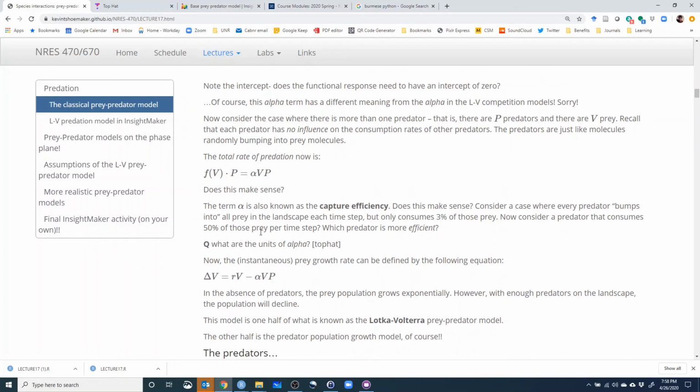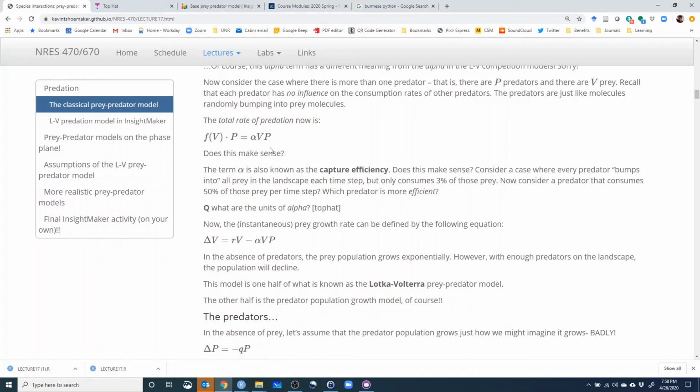So let's consider the case where there's more than one predator. In fact, there are P predators in the landscape, and there are V prey. That's making this model more general. Recall that each predator has no influence on the consumption rate of other predators. So the predators are just like molecules randomly bumping into prey, and the total rate of predation then just is multiplied.